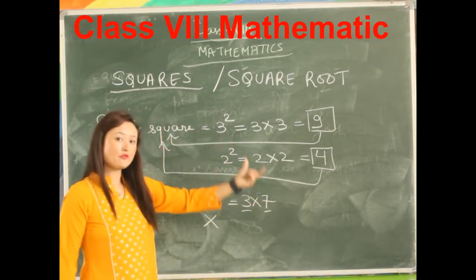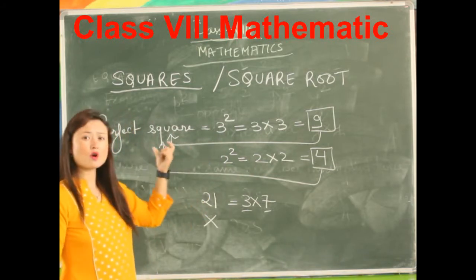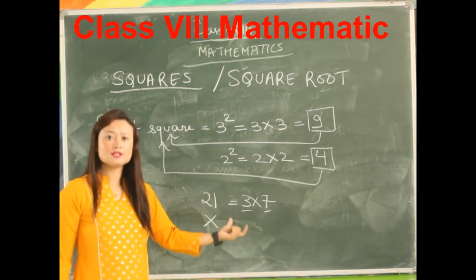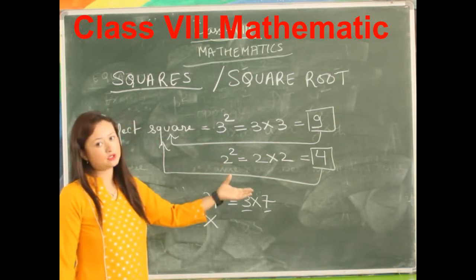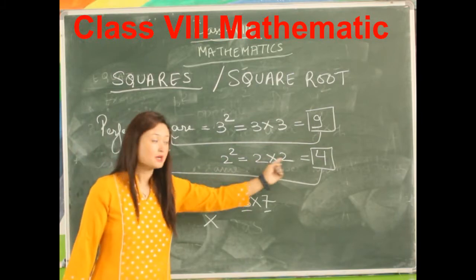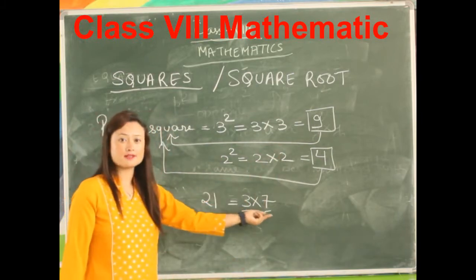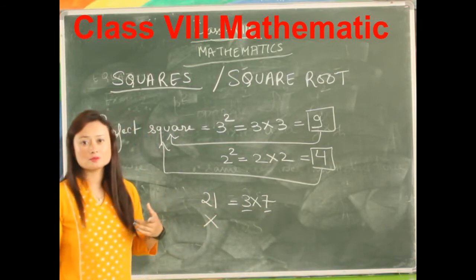Perfect square means the square of a natural number, the same natural number. 2 into 2, they are the same natural number. But 21 here is 3 and 7. So 21 is not a perfect square.